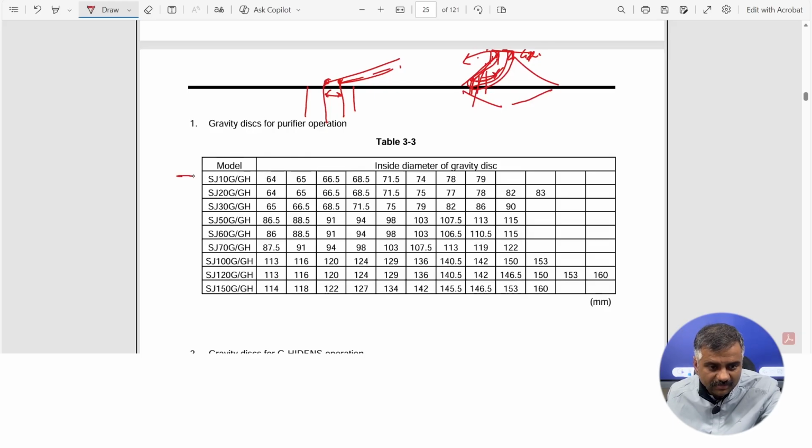As per the maker, only a set of gravity disks is supplied for the specification of a purifier.